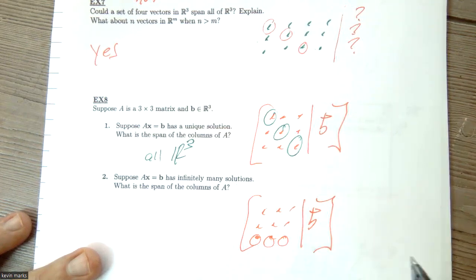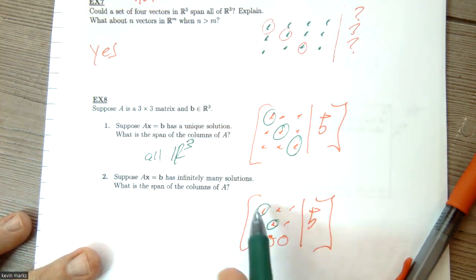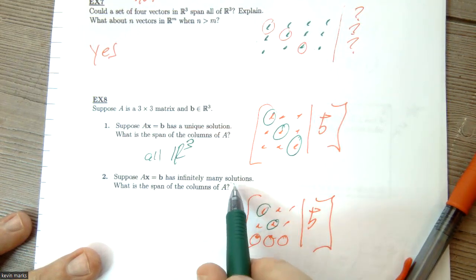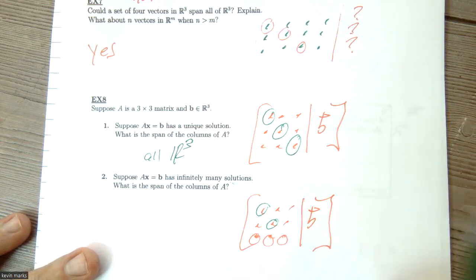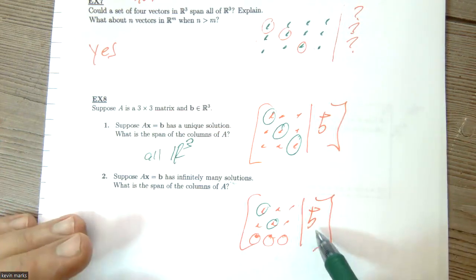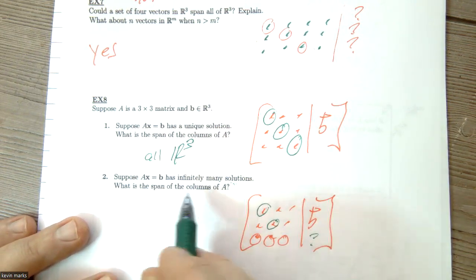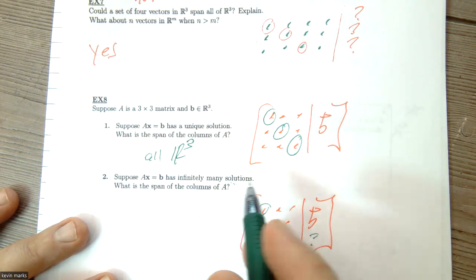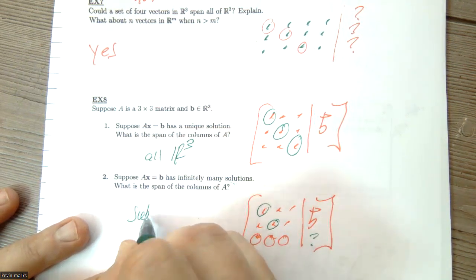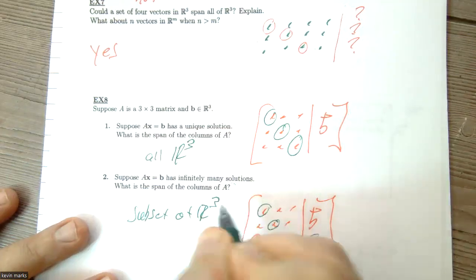That means you had to have a row of zeros for that particular B. Maybe there's only 1 pivot, or maybe there's 2, but there can't be all 3, right? Because of the infinitely many. So what does that mean? That means there had to have been other vectors that you couldn't get to, because that would have produced no solution. So what would the span of the columns of A be? It would have to be some subset of R3. You couldn't generate all of them.